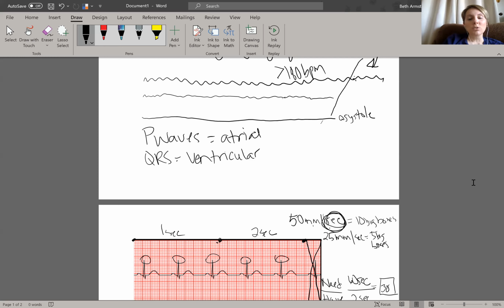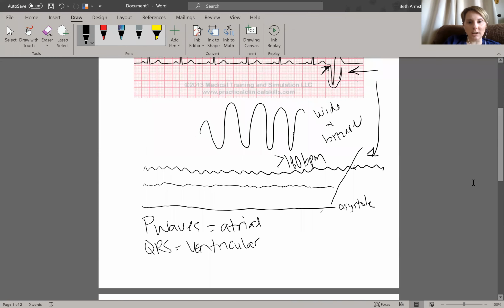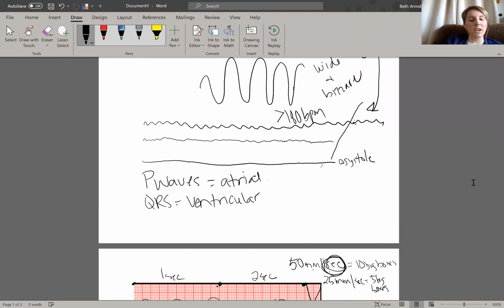But to remember what kind of issue your ECG shows, just remember, if there's something fishy with your P wave, it means there's an atrial issue. If there's something wrong with your QRS, it's a ventricular issue.